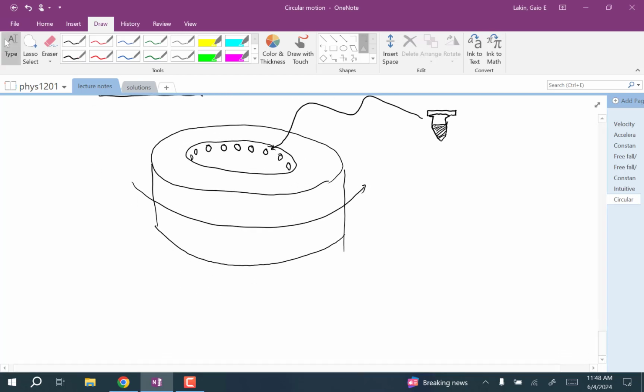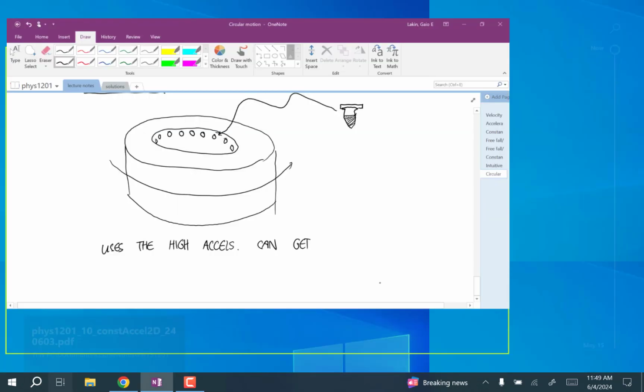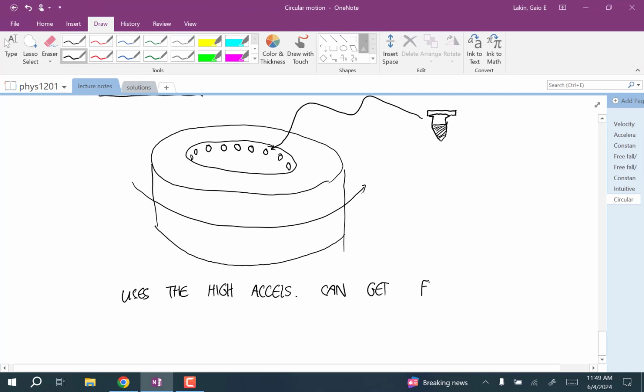And the point of that is that it uses the high accelerations that you can get from circular motion to stratify substances by their density.